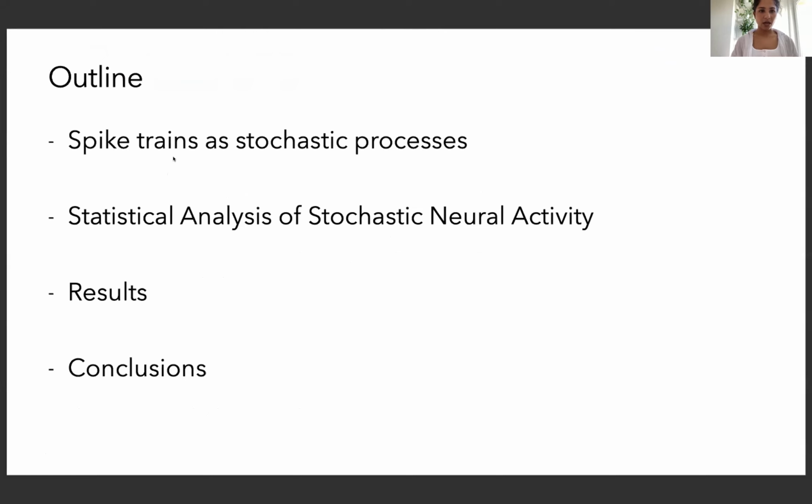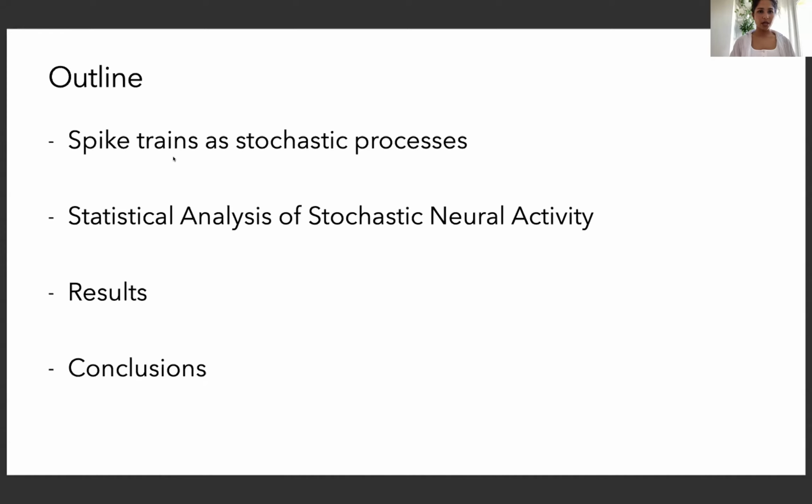After that, I'm going to talk about the results where we applied our proposed methods to the standard ISI models. And we considered 4 standard ISI models, as well as we also applied our results to some experimental data. After that, I'll talk about the conclusions of what we found out.